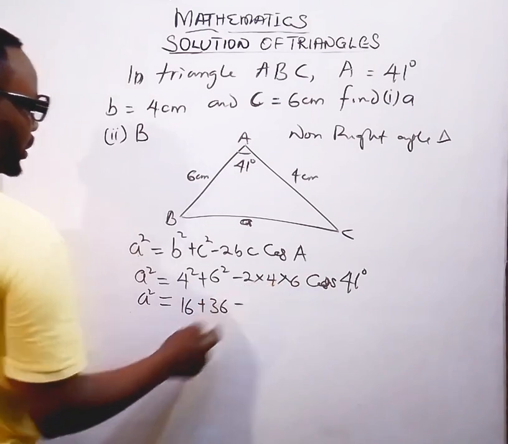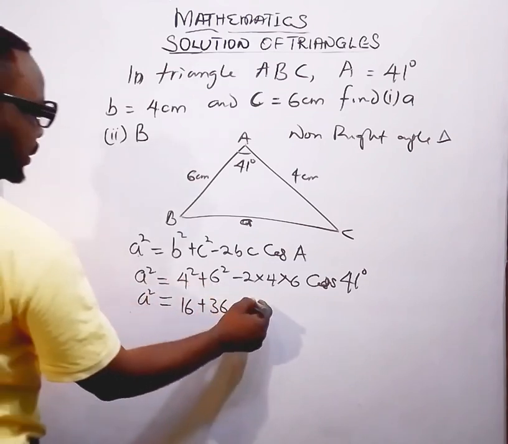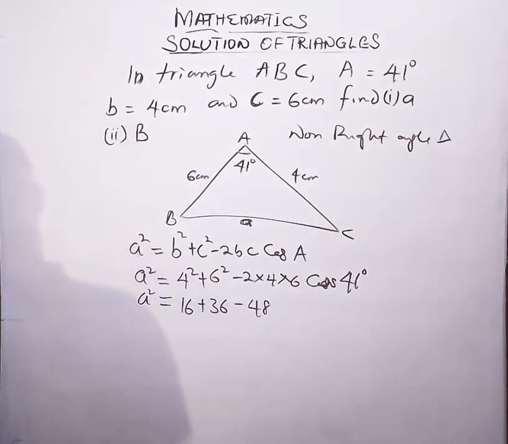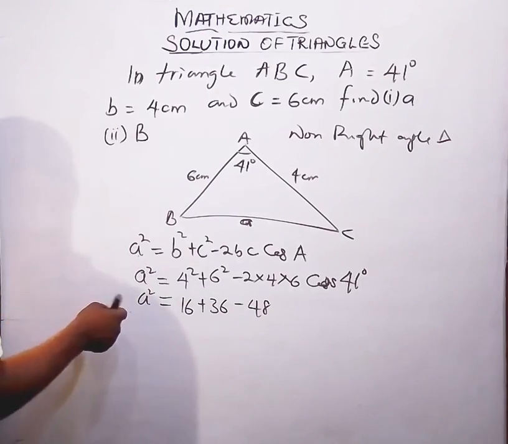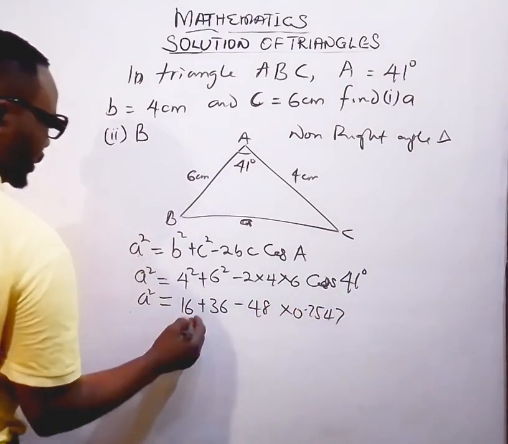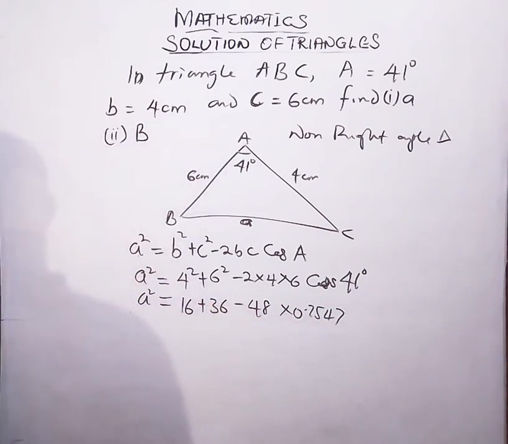That's 2 times 4, that's 8, times 6, 48, cos A. What is the value of cos 41 there? 0.7547. Multiply by 48, that gives 36.22.